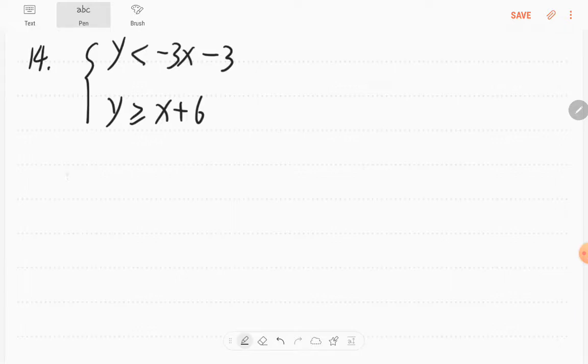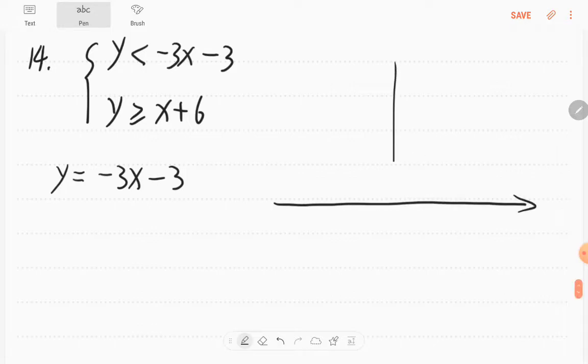So for the first one, let's look at this line. We need 2 points to draw a straight line, right? One point is if x equals 0, y equals -3.